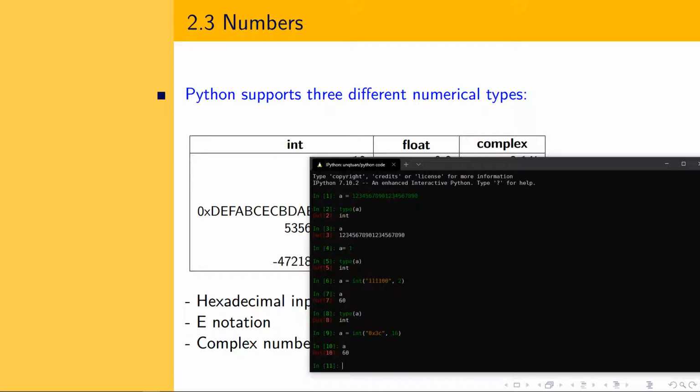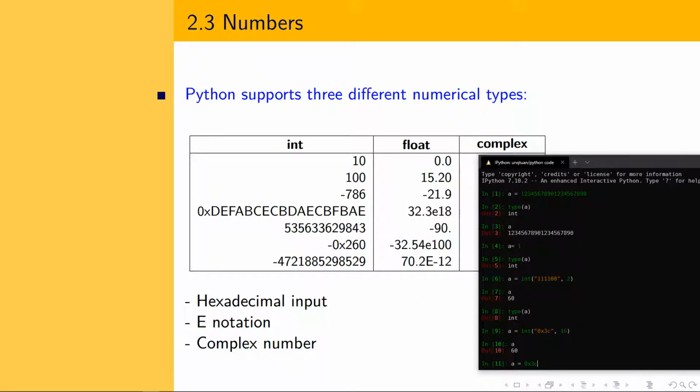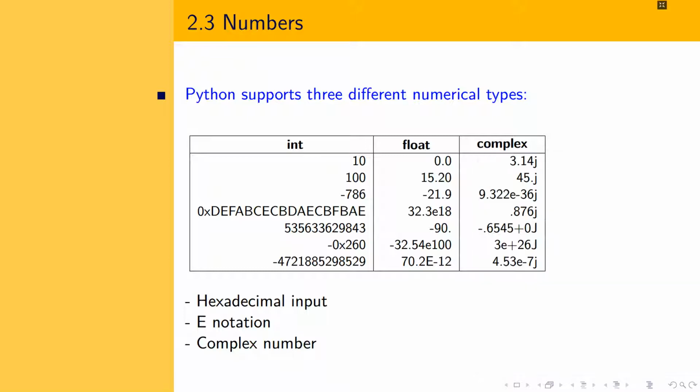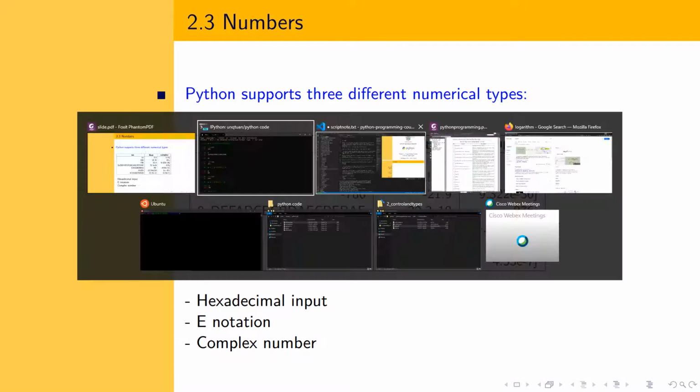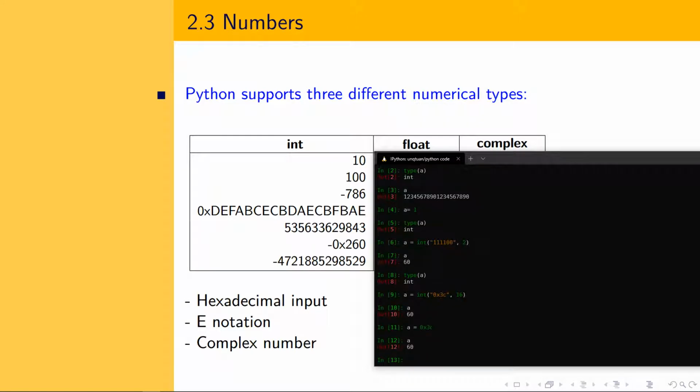Actually, Python also supports hexadecimal input directly without using the int function, so you can input it directly, 0x and 3c, something like this number. You can see it in this table. So you enter this, you can see a equal to 60, and it's still an int.